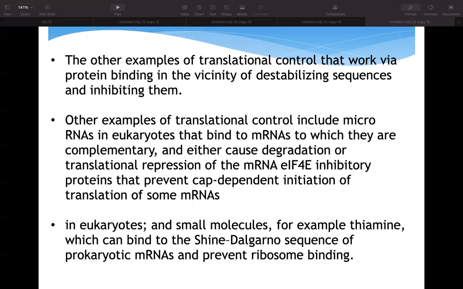which are complementary to each other. They cause either degradation or translational repression of mRNA, where eukaryotic initiation factor 4E is the inhibitory protein that prevents the cap dependent initiation of translation, which causes translation repression or mRNA degradation.